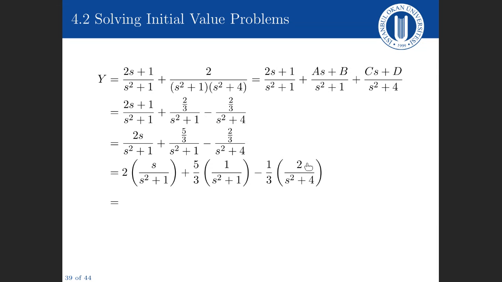So I need to leave the 2 inside the bracket and then take just the 1/3 outside. And if you look on your table of elementary Laplace transforms, you will note that s over s squared plus 1 is just the Laplace transform of cos. 1 over s squared plus 1 is the Laplace transform of sine. And 2 over s squared plus 4 is the Laplace transform of sine of 2t.